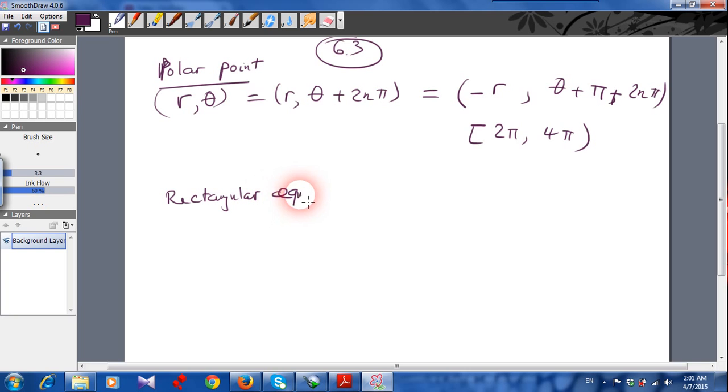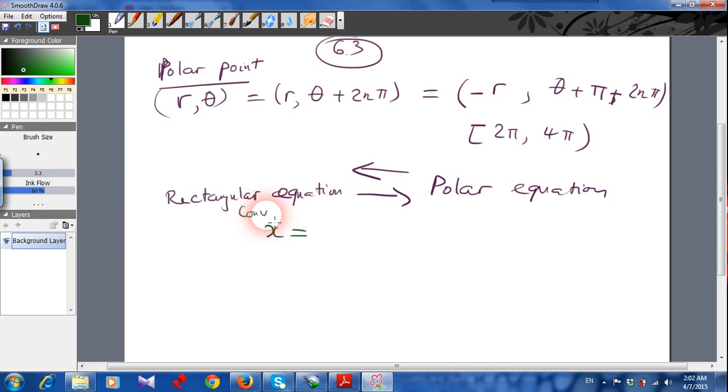And the second thing is from a rectangular equation, change to a polar equation, and from a polar equation we change to a rectangular equation by another conversion formula: x = r cos θ, y = r sin θ, and x² + y² = r².